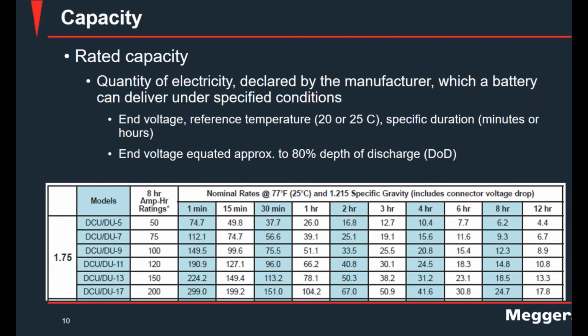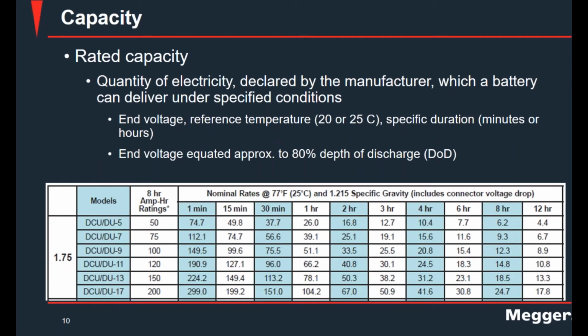Another manufacturer has a table with the voltage level, the minimum voltage or end of discharge voltage, the temperature reference, and the different times that you can get from this battery. So these tables are not there for the convenience of testing at different rates according to our needs or our requirements or our conditions of load bank or time availability.